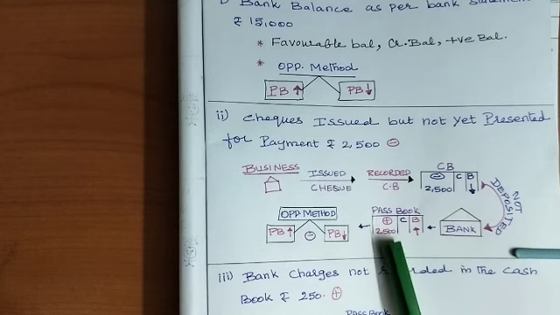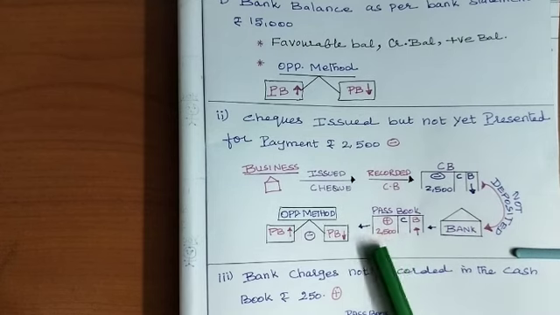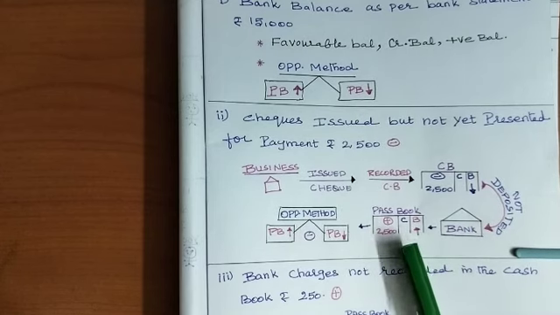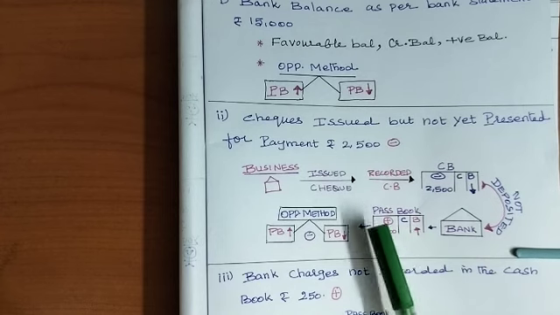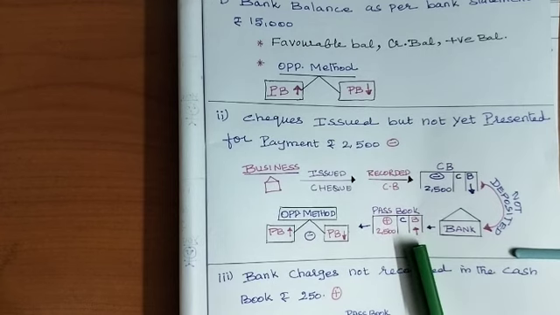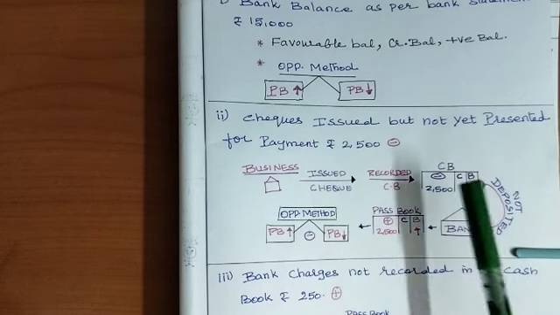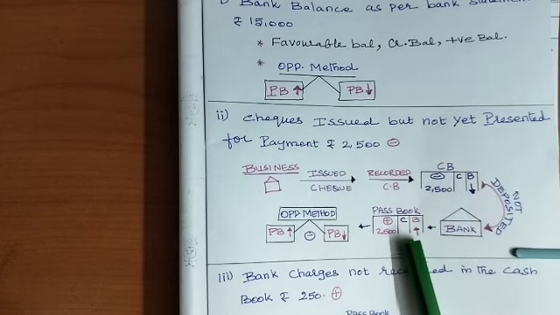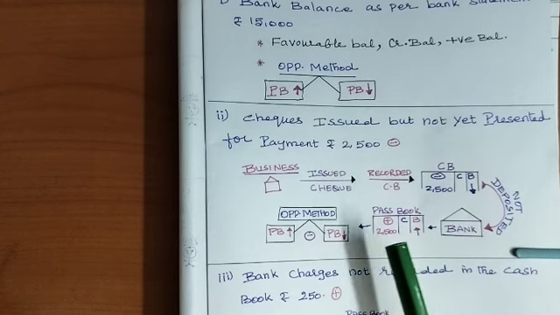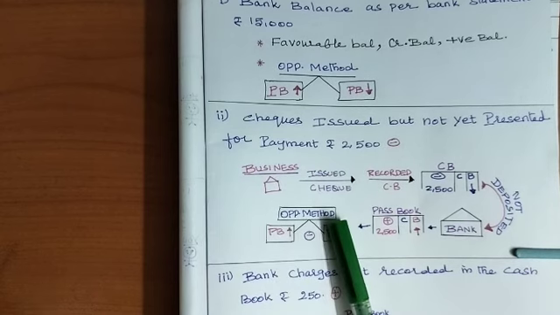So what about the passbook? The bank column of the passbook will be increased because the check is yet not presented for payment. So the passbook will be increased. We will follow the opposite method. What is the opposite method?